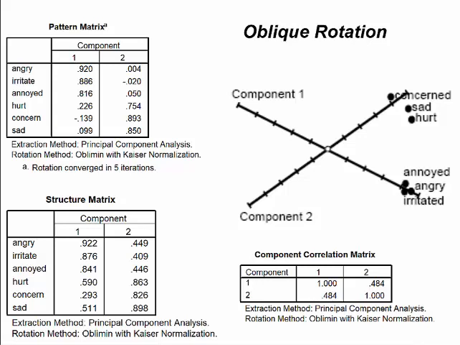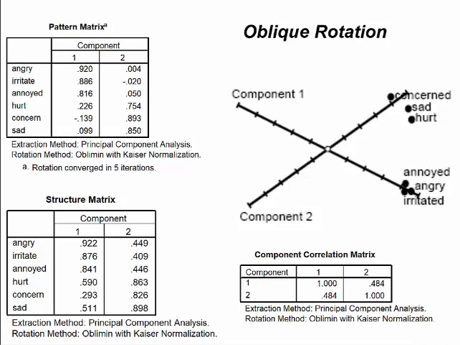So now here is an example of what happens if we do oblique rotation. With orthogonal rotation, when we rotated our x and y axes, we forced them to stay orthogonal. We forced the correlation between factor 1 and factor 2, or component 1 and component 2, to stay at 0.